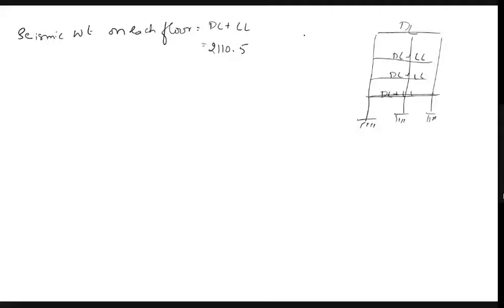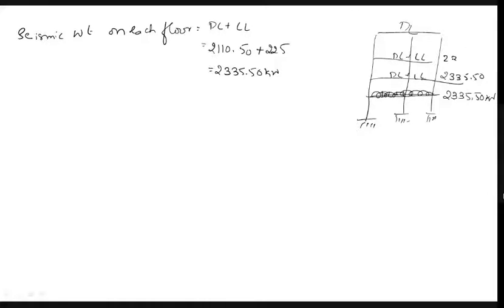So dead load this much plus live load 225. Adding both, we get 2335.50 kilonewton. Correct? So how much load is acting at this floor? It is 2335.50 kilonewton. Similarly, here also same, because it is on floor.